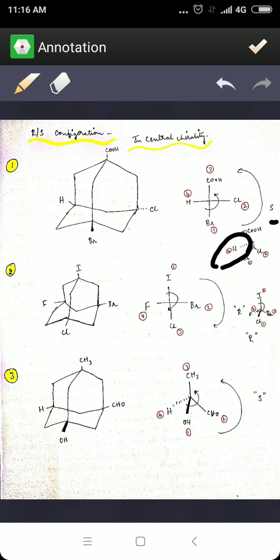And when you come to the second example, fluorine is the least priority, and it is also on the dashed line, and hence the configuration is retained. When you come to example 3, hydrogen is priority 4, least priority, and on the dashed line, and hence again here the configuration has been retained.